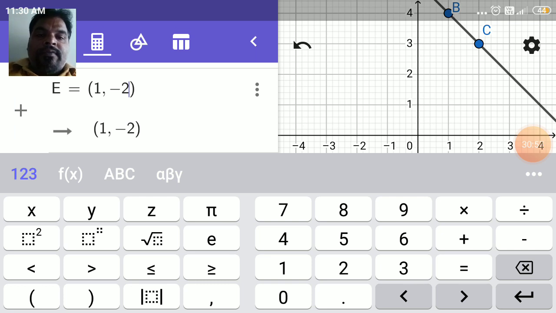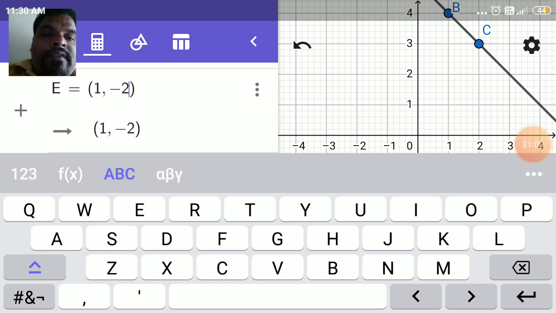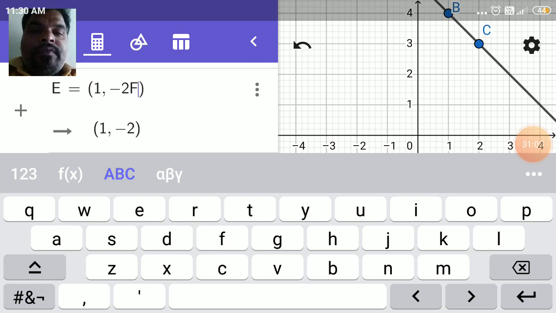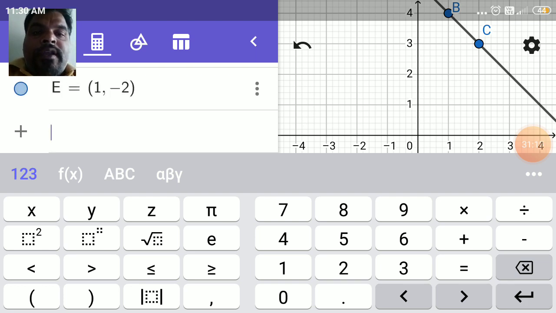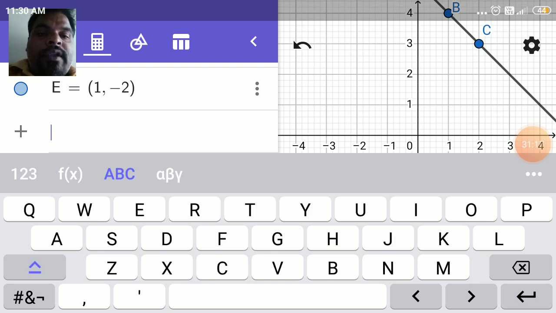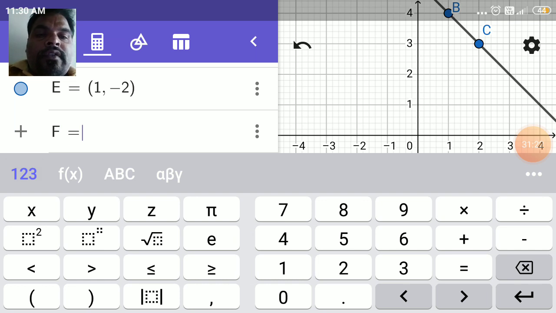And the third solution of the second equation, the point is F. The coordinates of this point are 2 comma minus 1.